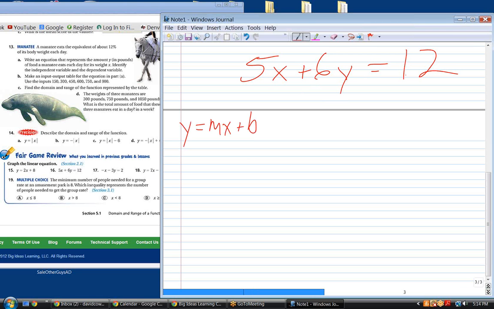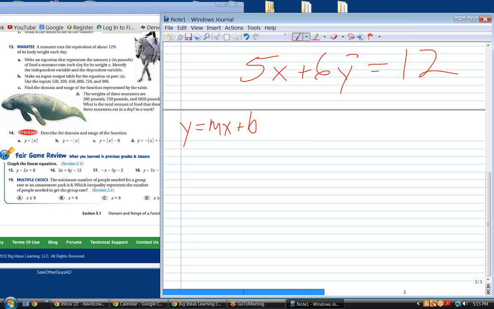So solve that equation for y. What's the first thing you're going to do? You're going to divide. Not quite. Let's get this 5x on the other side. Let's move the 5x to the other side.